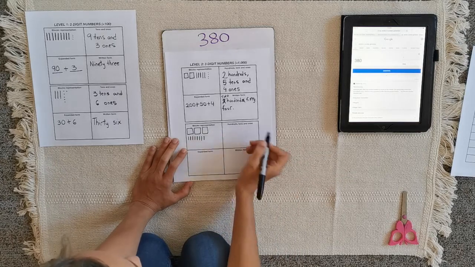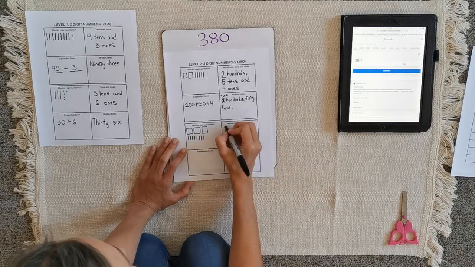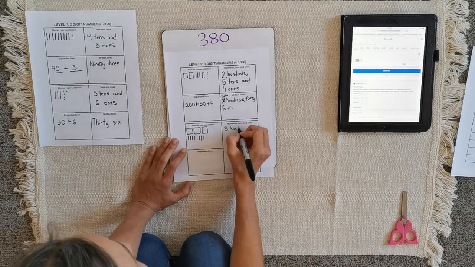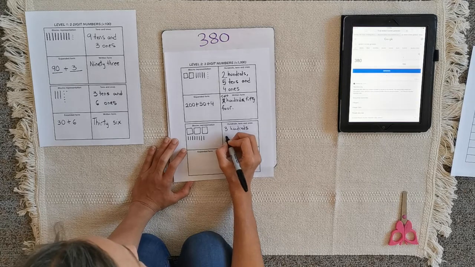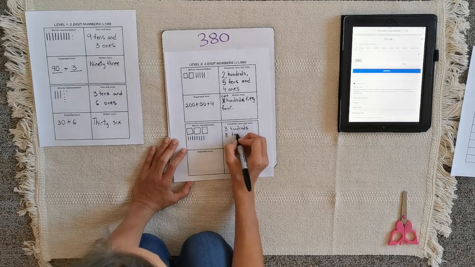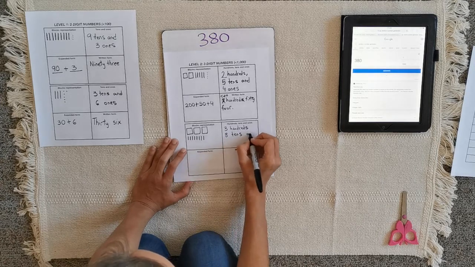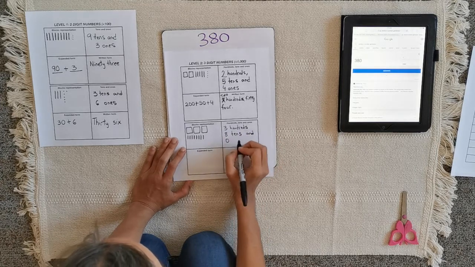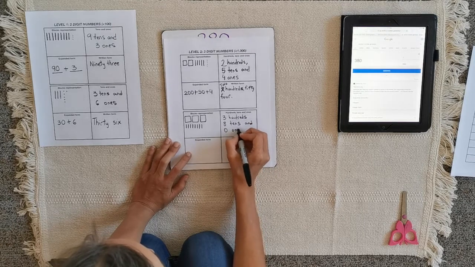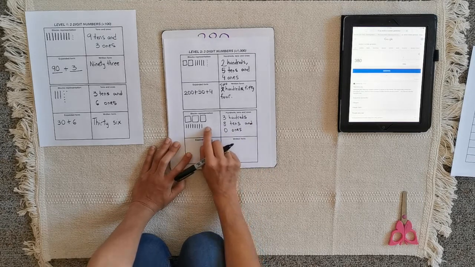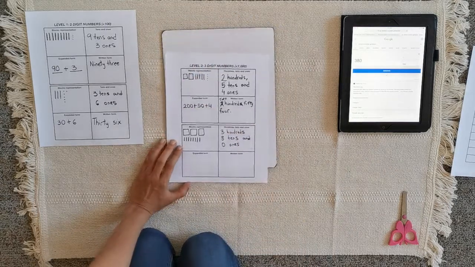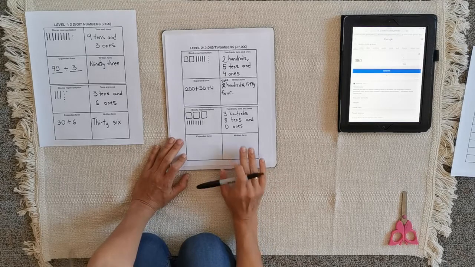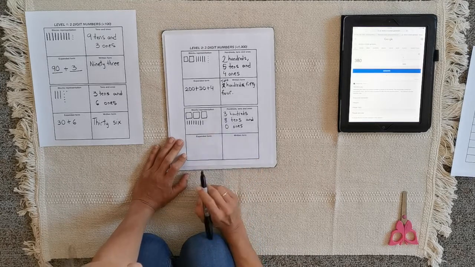How many hundreds, tens and ones has my number? It has 300, 8 tens, and 0 ones. 0 ones. They are invisible, but they are here. Expanded form is the same. I have 3 digits.